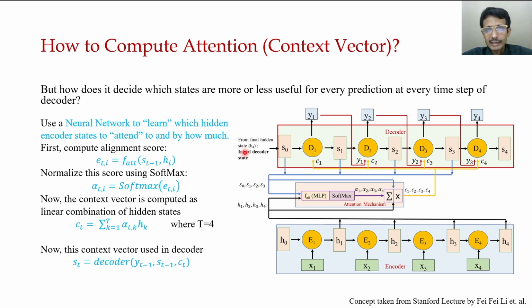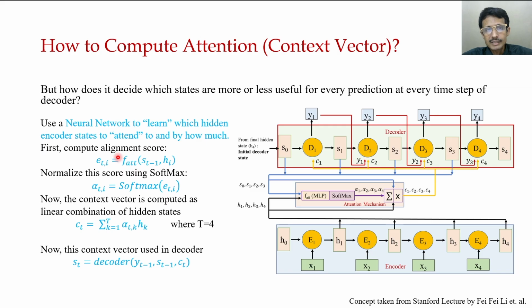So we put a neural net for that. This is a neural net that learns which hidden encoder states to attend to and by how much. So for that reason, we first compute the alignment by this net.